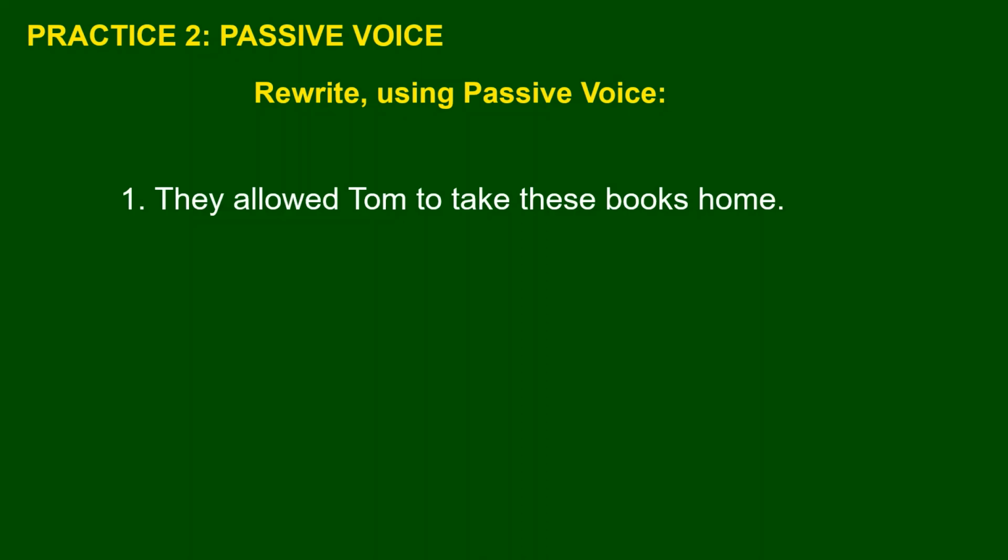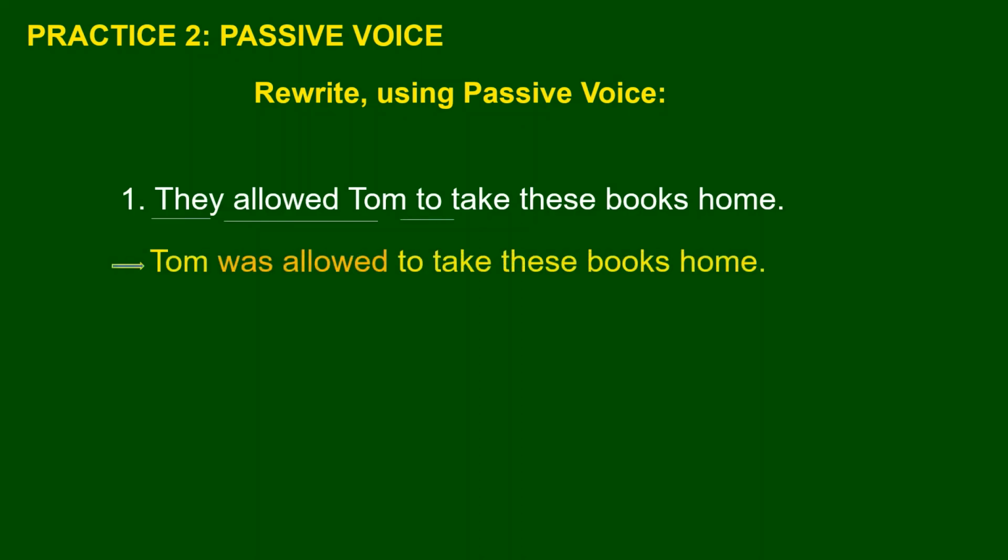So I will write Tom as the subject of the passive voice. In this situation, "allowed" is in past simple, so be in the passive voice is "was". And then "allowed" and next "to take these books home", and this is the answer for this sentence. Tom was allowed to take these books home.